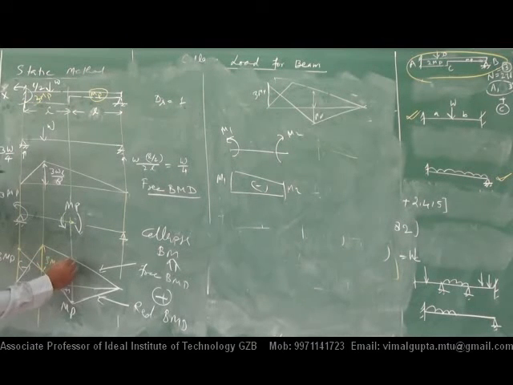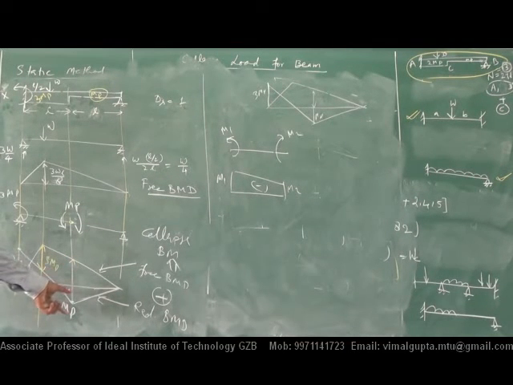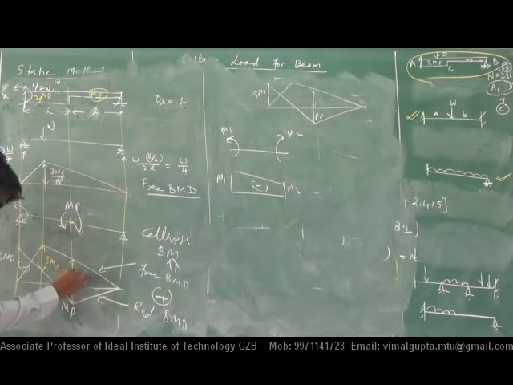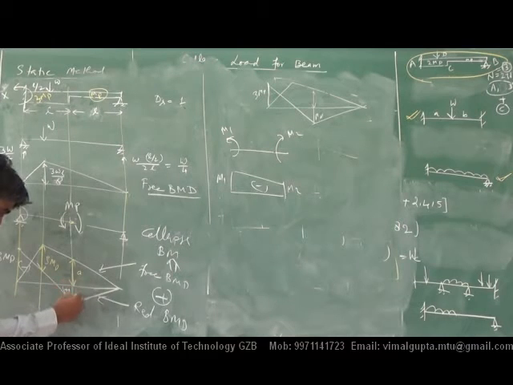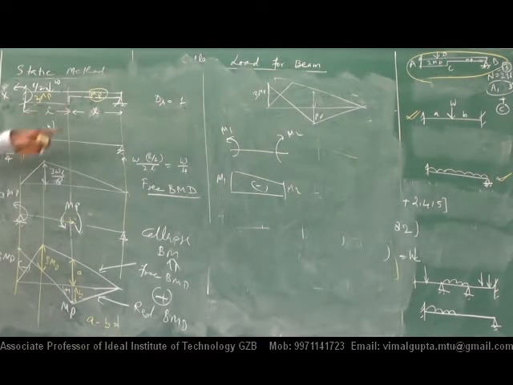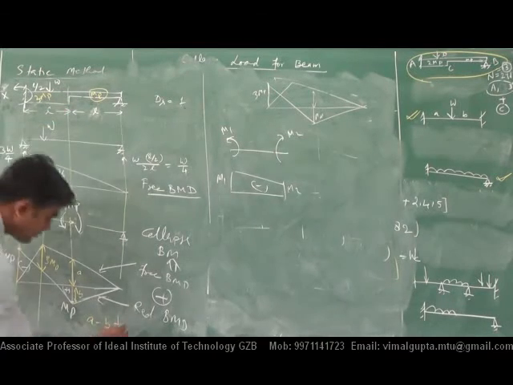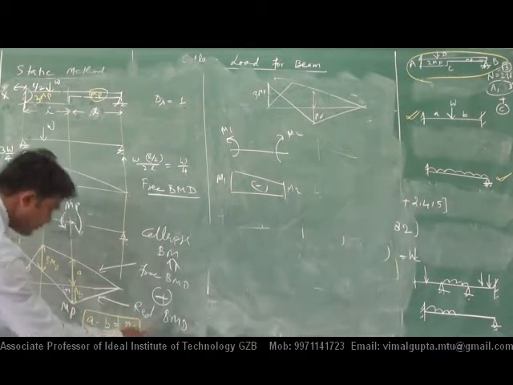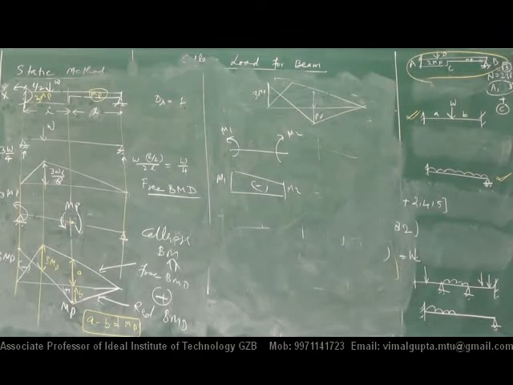Now what can be that value? Now see here, this is minus sign, this is plus sign. So we have to take that value. Suppose this value is A, this value is B. In algebraic form, we will write A minus B equals MP.